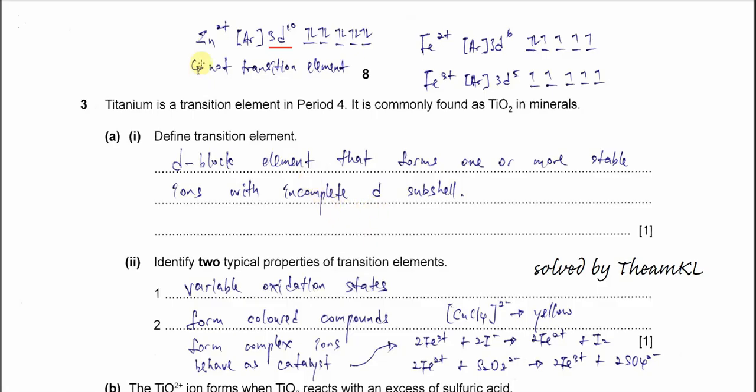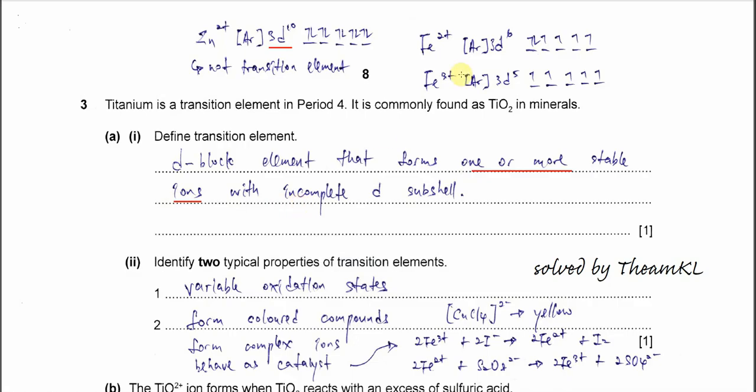So we cannot really say that zinc is a transition element, because the d subshell is complete. In order to be a transition element, it must be able to form one or more stable ions, and at the same time this ion must have an incomplete d subshell.